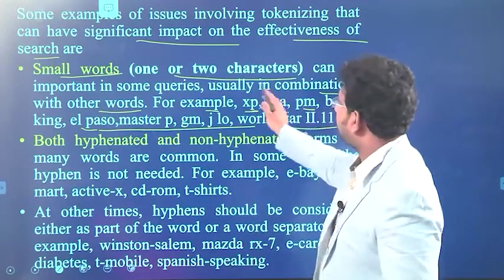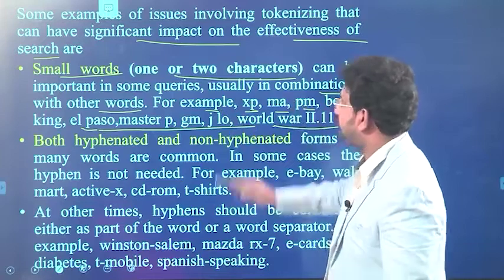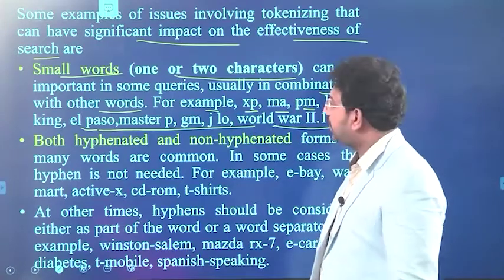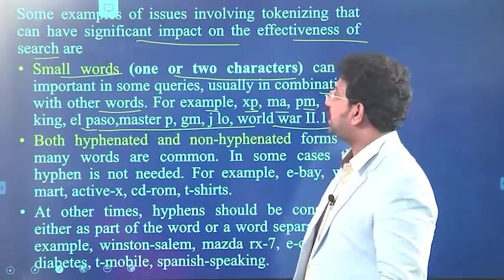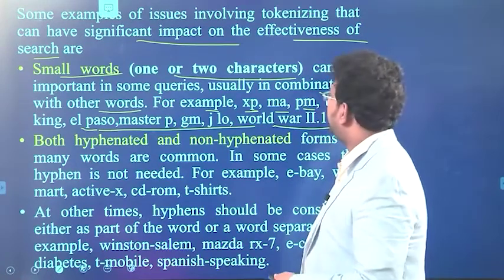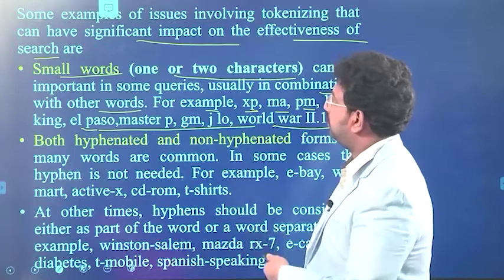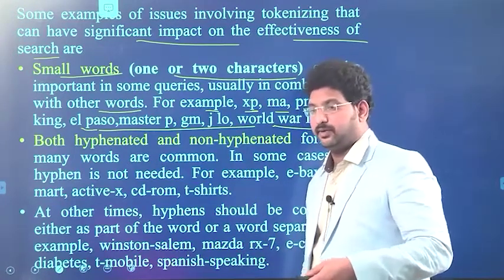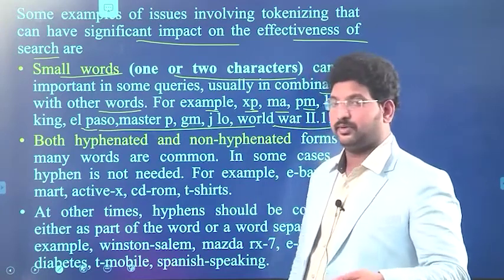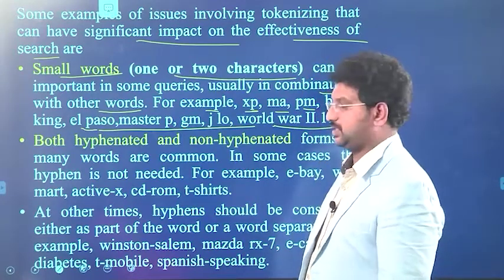Like this, you are able to identify different words that are 1 or 2 characters. Whenever the processing is going on, this is one of the difficult tasks to work with, and these characters will sometimes be removed. That has a bad impact on the processing of the text, right?